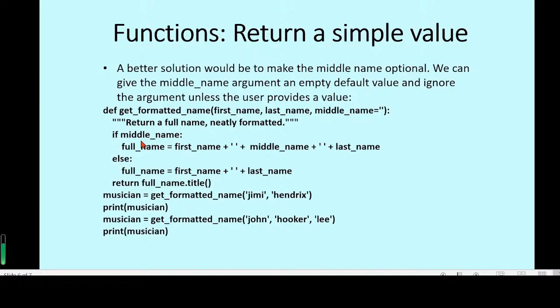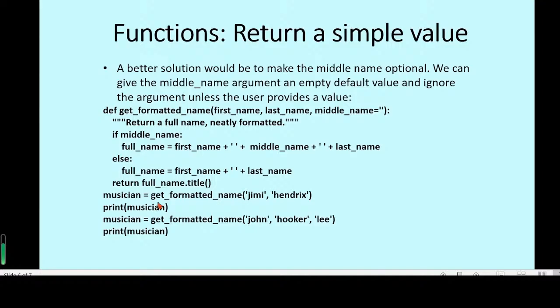Else means the user did not input the middle name, so full name is only first name concatenated with last name. Then in the end, the function will return full name, the title form. So when we call this function, no matter whether the person has a middle name or not, this function works.